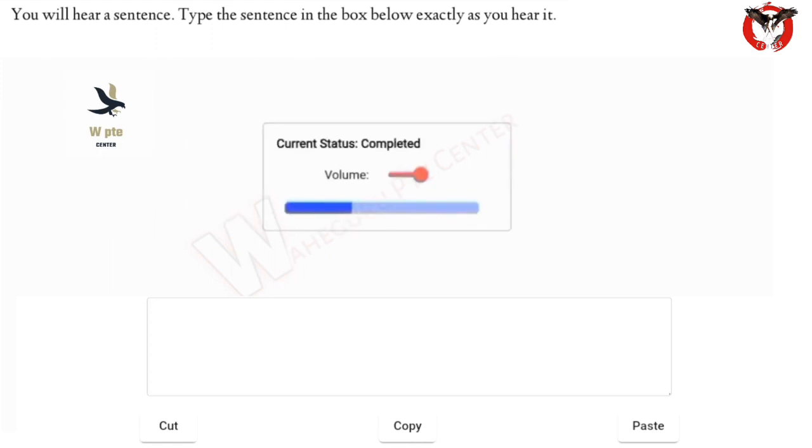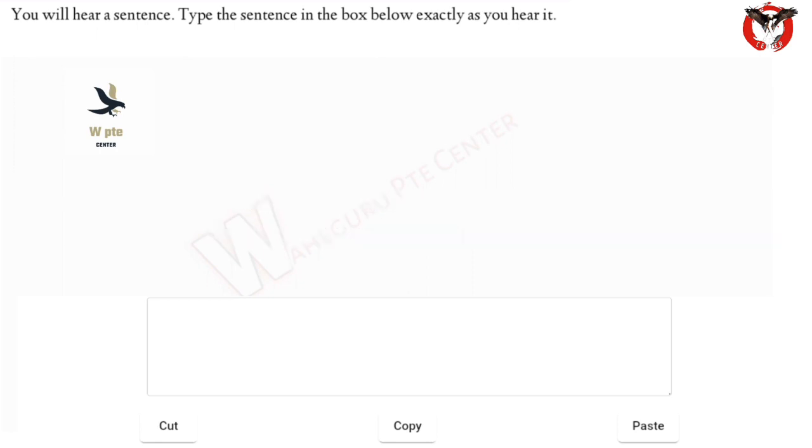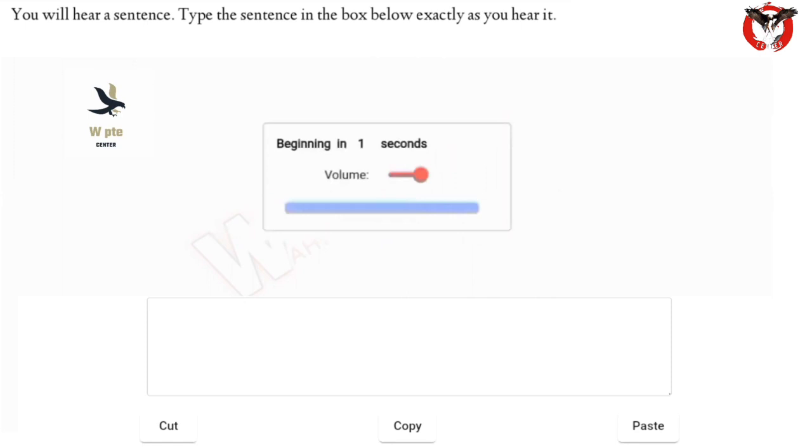The lecture theater is located on the first floor near the entrance door. Australian economy depends heavily on revenue from tourism and education.